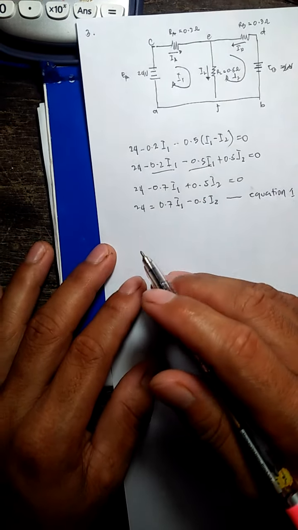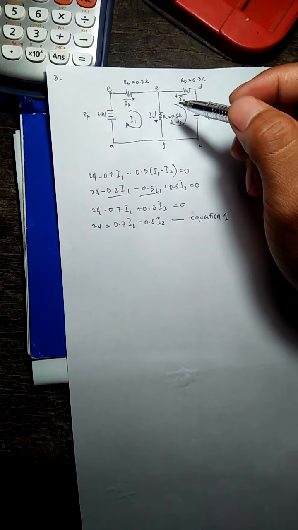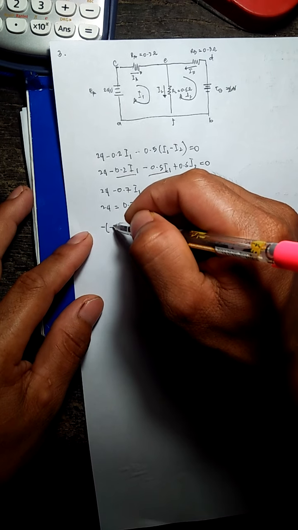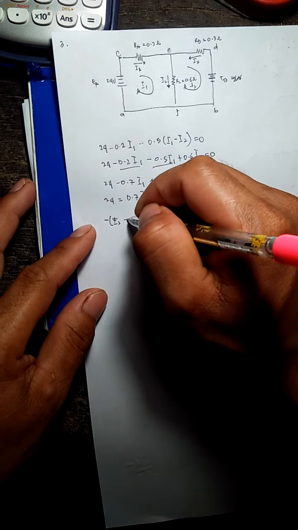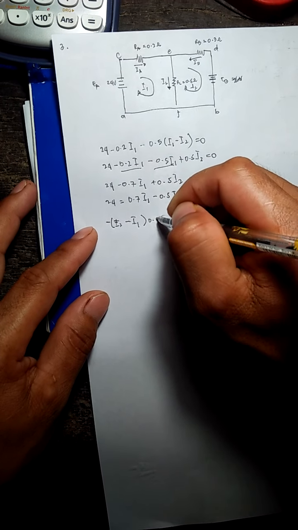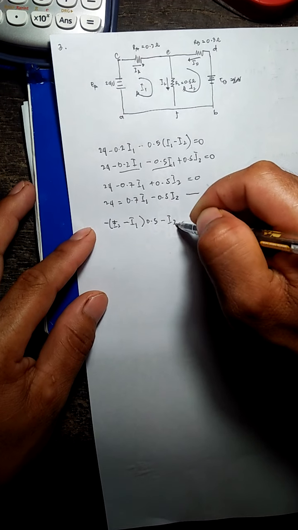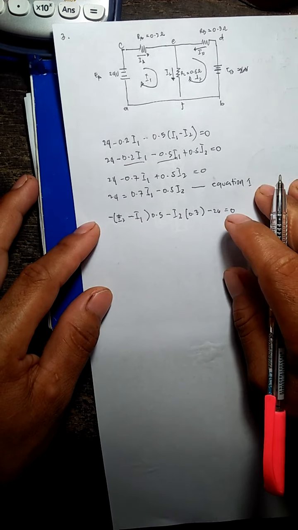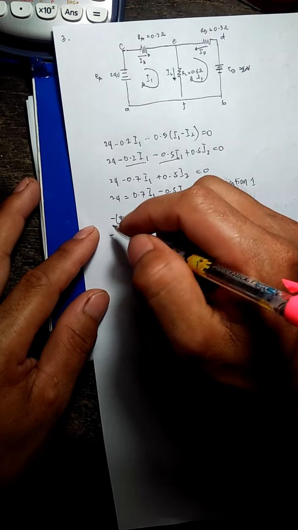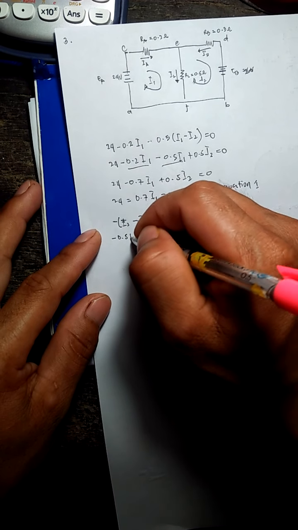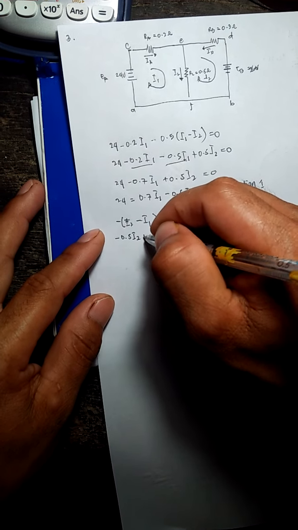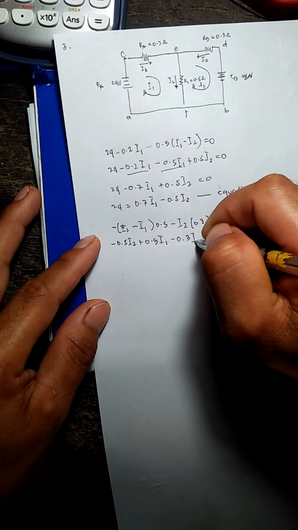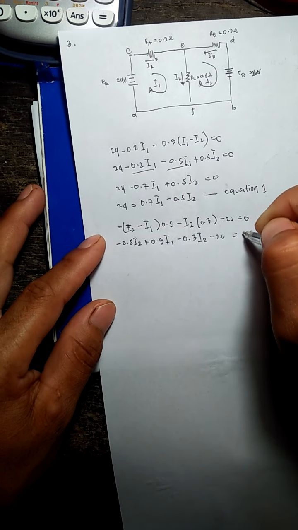Then next we make equation number 2 from loop 2. So we have negative I2 minus (I1 times 0.5) minus (I2 times 0.3) minus 26 is equal to 0. Distribute: 0.5 I2 plus 0.5 I1 minus 0.3 I2 minus 26 is equal to 0.